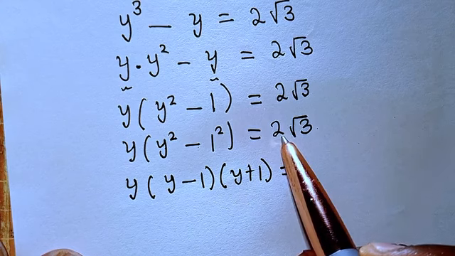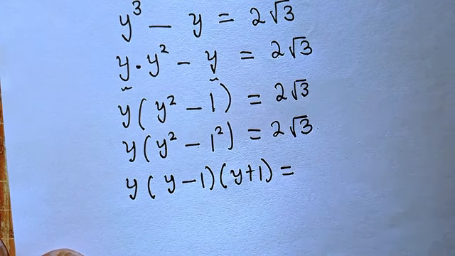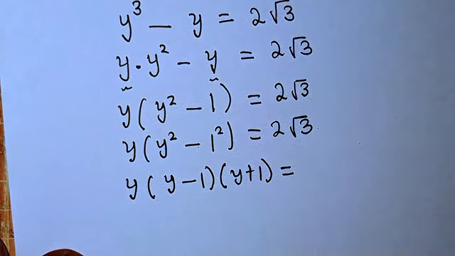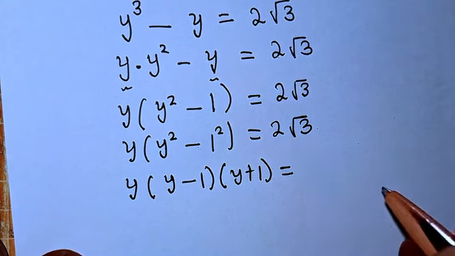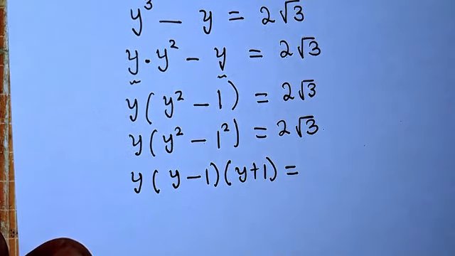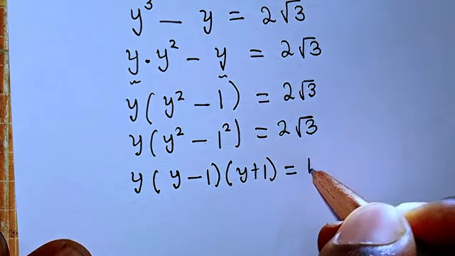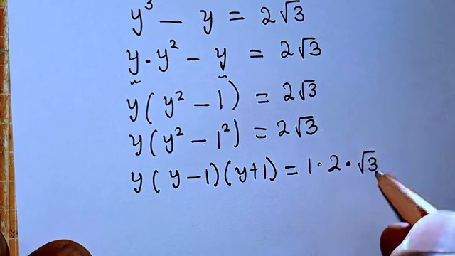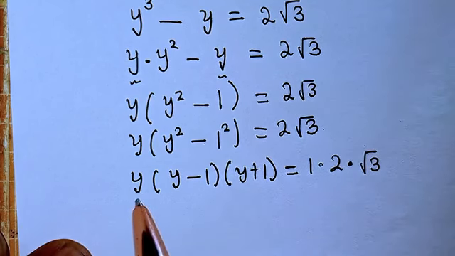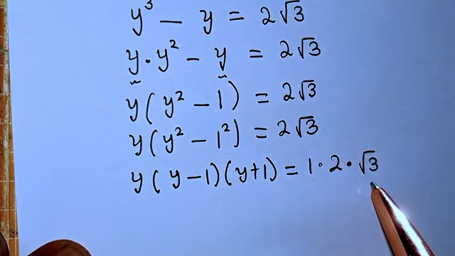So you can see that this is a multiplication of three numbers on the right, so I want to factorize this one also. This can be 1 multiplied by 2 multiplied by root 3, because I'm having this in 3 places, and having this one too in 3 places.